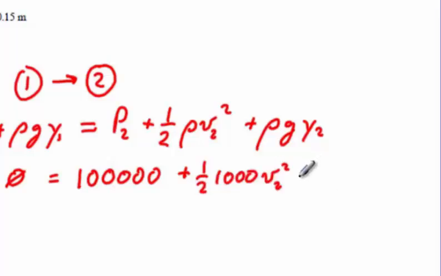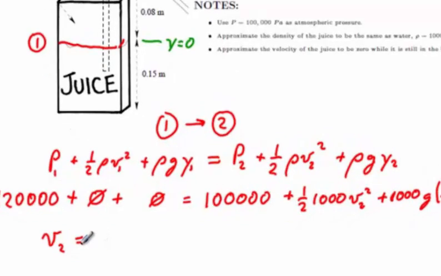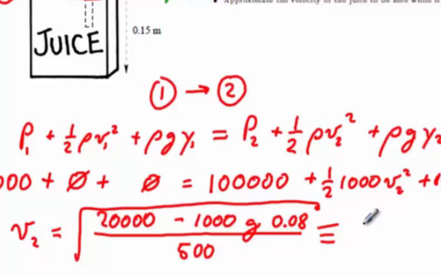And at location 2, we are no longer at the y equals 0 point, so there will be a potential energy term of density times g times the height of 0.08 meters. The only unknown at this location is the velocity v2, and so we can solve for this quantity, yielding a velocity of 6.20 meters per second.